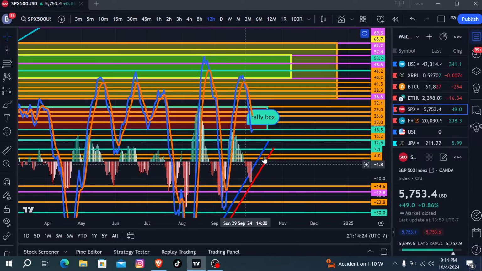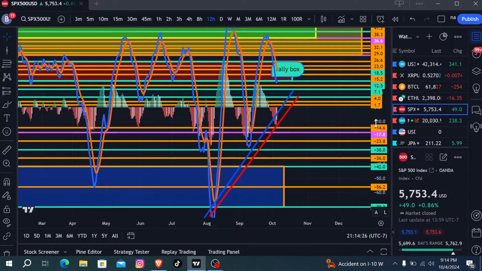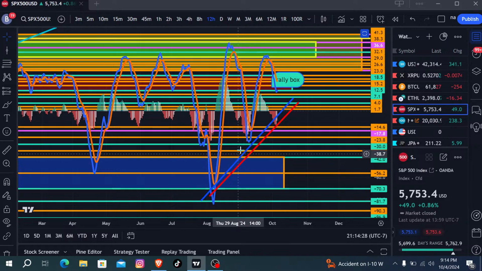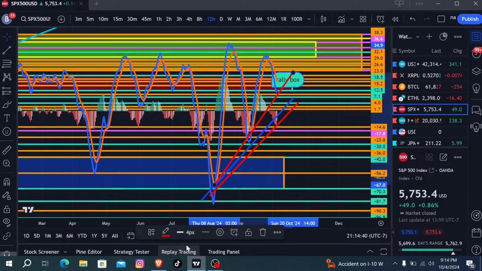Something I just also noticed is, look, there's a trend right here. I'm gonna draw it. And this one's a yellow one because of the 12-hour candle. So we got this trend right here. And I wonder how it's gonna work.